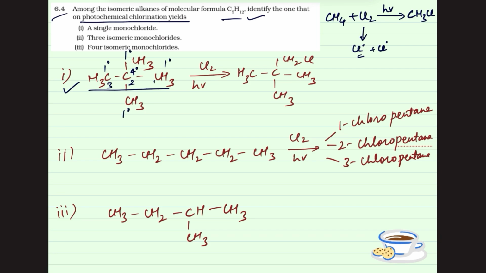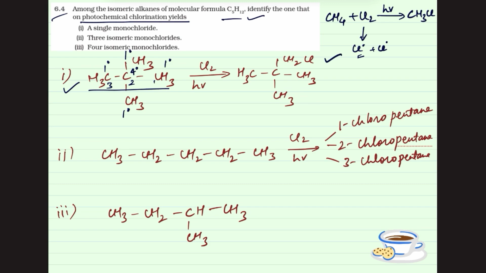The quaternary carbon does not have any hydrogen atom, so it will not form a bond with chlorine. Whereas the 4 methyl groups around this quaternary carbon, the hydrogens present in these methyl groups may get substituted by chlorine, giving a monochloride. Now this is one of the products formed.